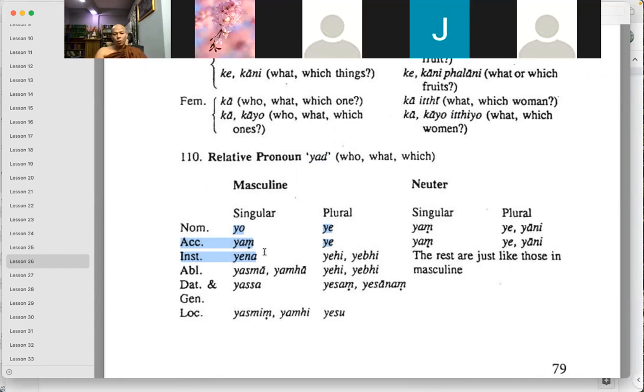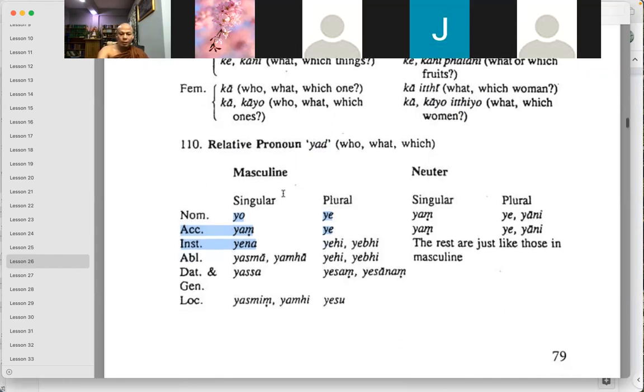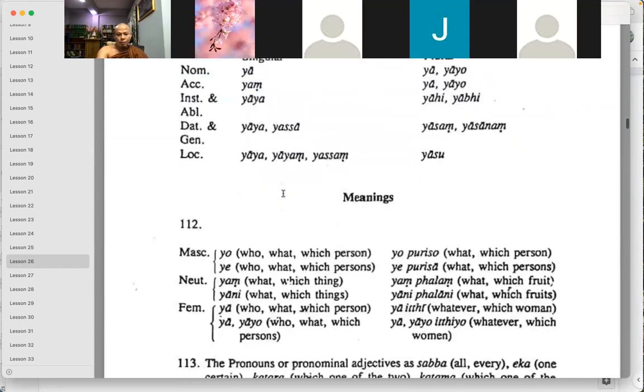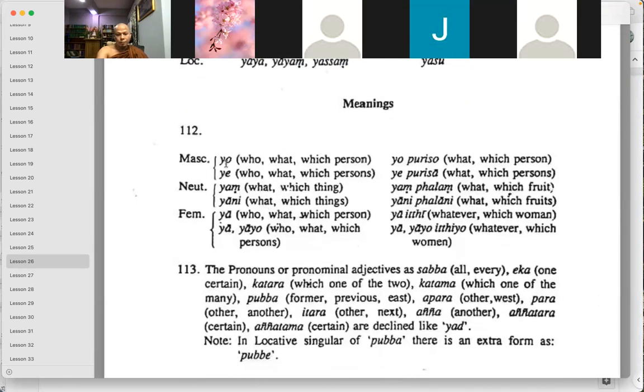So yo, ye, yam, and their meaning is: yo, who or which person; yo puriso; ye purisa; yam phalam; yani phalani; ya itthi; yayo itthiyo, and so on. So as an adjective, as a pronoun.